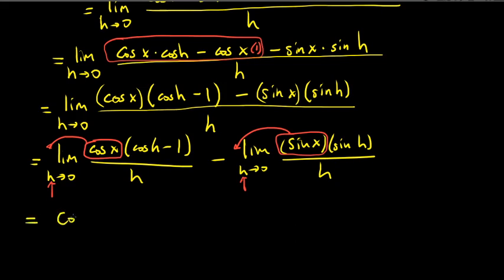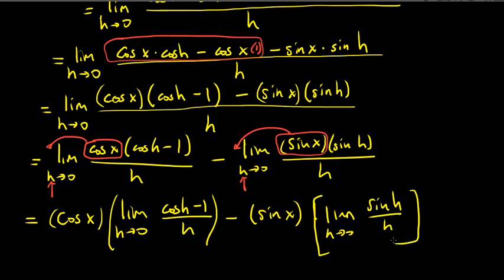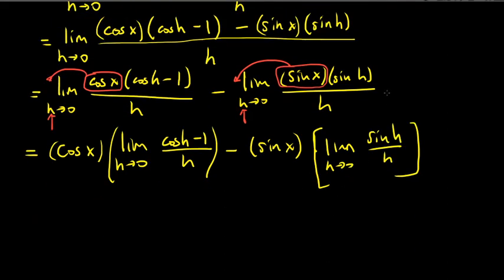So this is now the cosine of x times the limit as h goes to 0 of cosine of h minus 1 over h, and then minus the sine of x times the limit as h goes to 0 of sine of h over h. This is looking a lot better, right?